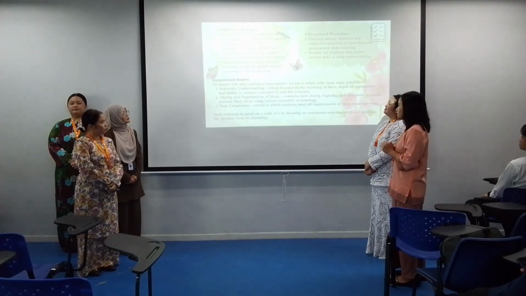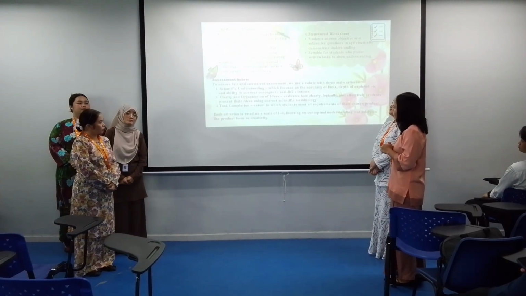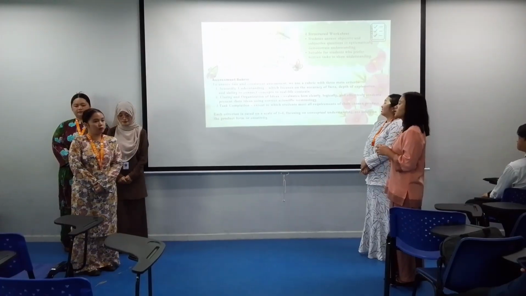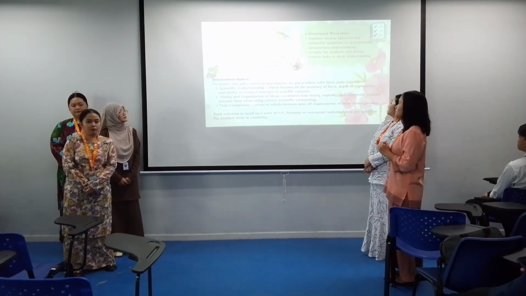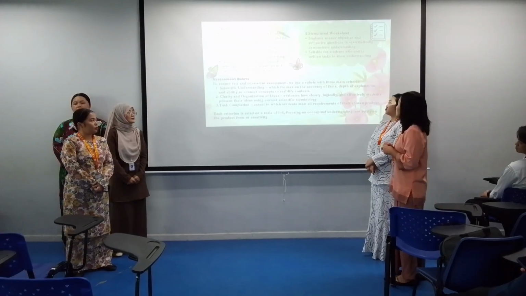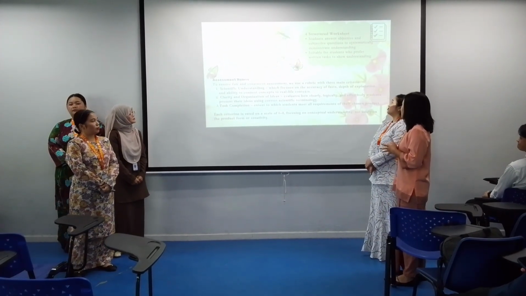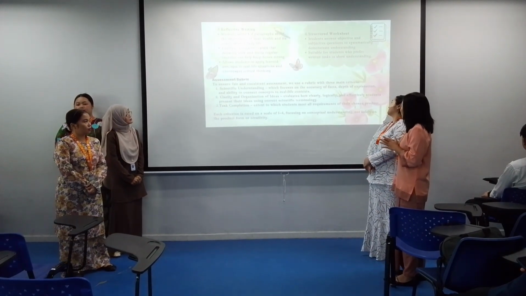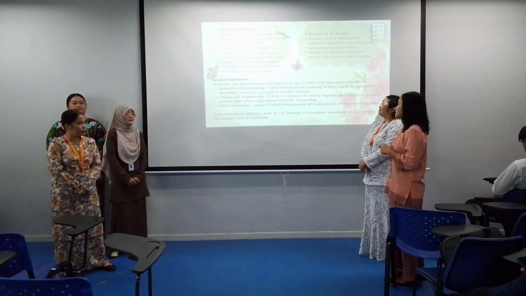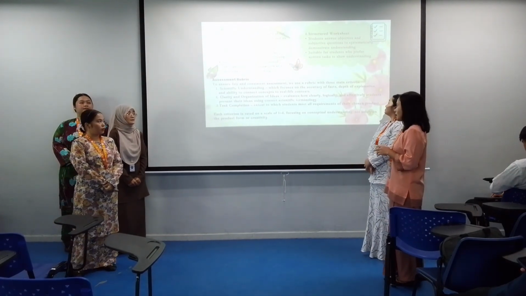Next, assessment rubric. To ensure fair and consistent assessment, we use a rubric with three main criteria. Number one is scientific understanding, which focuses on the accuracy of facts, depth of explanation and ability to connect concepts to real life context.